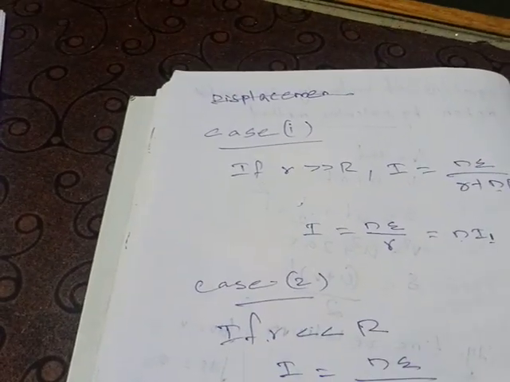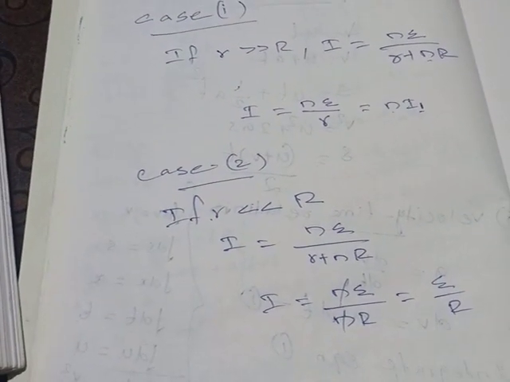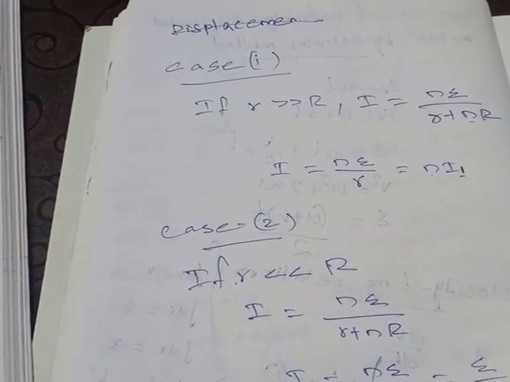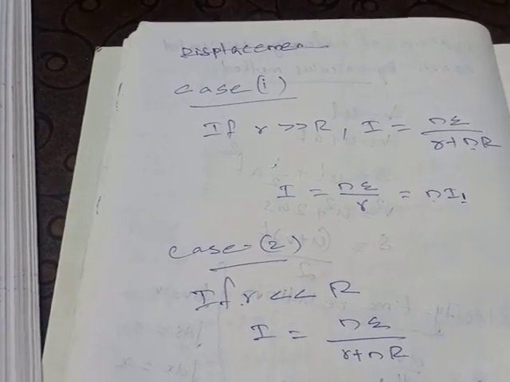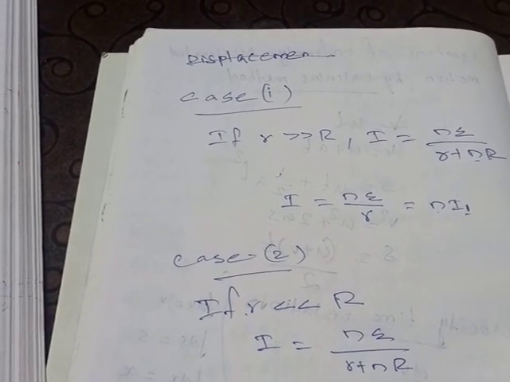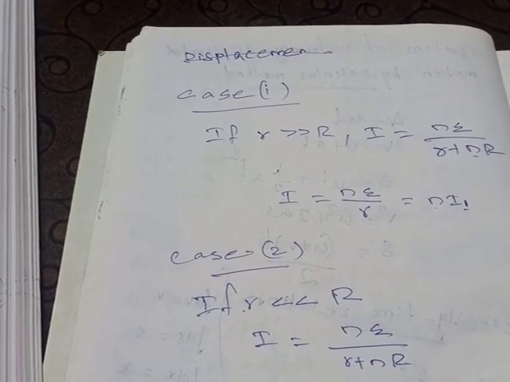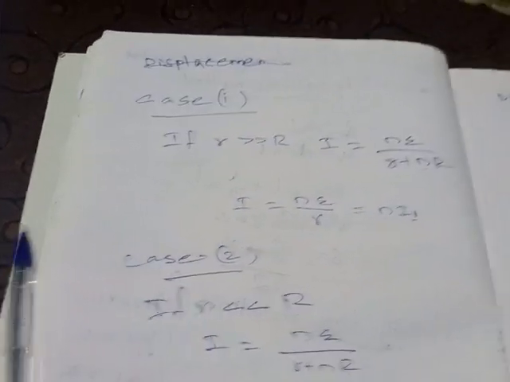So what is this current? Now you can conclude that the current due to the whole battery is the same as that due to a single cell. This is the advantage of connecting cells in parallel when the external resistance is very small compared to the internal resistance of the cell.